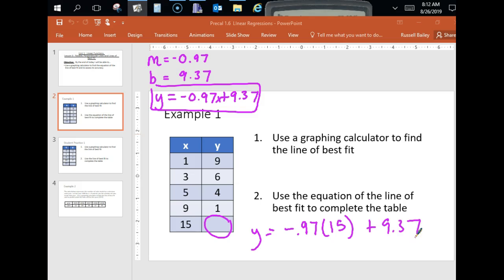And I can figure out what the y value is that would go with that. So let's go ahead and calculate what that would be. What is negative 0.97 times 15? Negative 14 point what? Okay. And then what if we add 9.37 to that?